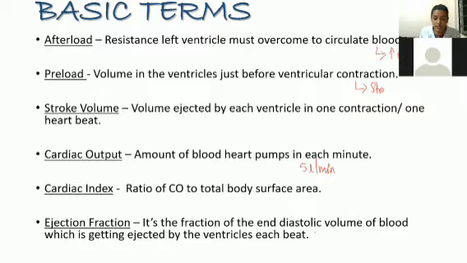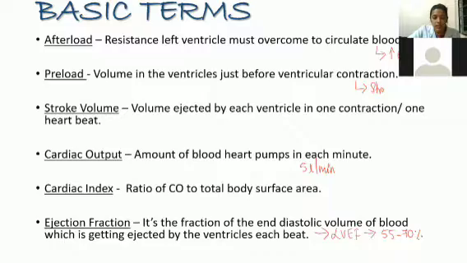This is a very important test that should be assessed in heart failure: LVEF, left ventricular ejection fraction. The normal is 55 to 70%. We can say 55 to 70% is normal for left ventricular ejection fraction. So this one we will check in heart failure.